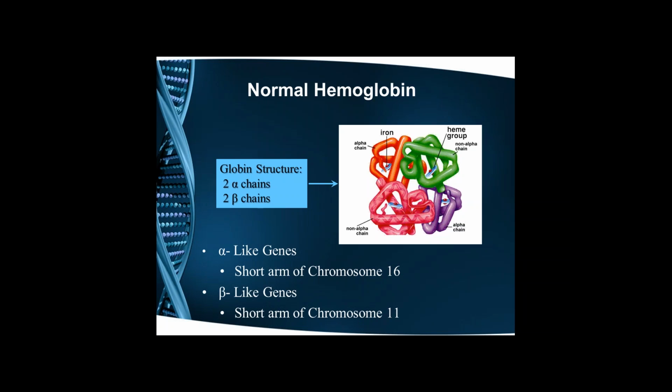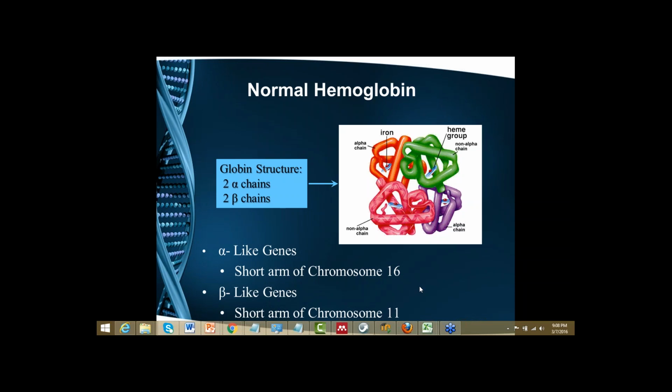So this alpha chain and beta chain are two alpha-like and beta-like chains, we can say, because at different times of the organogenesis and the development, a different alpha-like chain combined with the beta-like chain and give rise to various hemoglobins, right from the embryonic life to the adult life. These alpha-like genes are all arranged in the short arm of the chromosome 16, and beta-like genes, they are in the short arm of the chromosome 11.